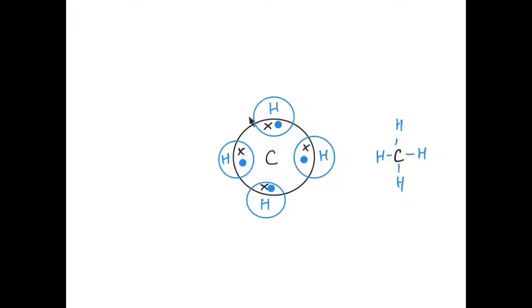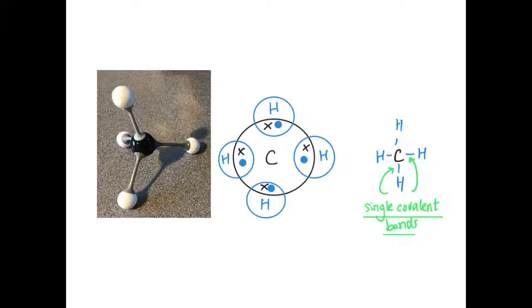The reason why it bonds this way is because carbon now has a share of 8 electrons, so it has a full outer shell. Each hydrogen now has a share of 2 electrons. So now hydrogen has a full outer shell.